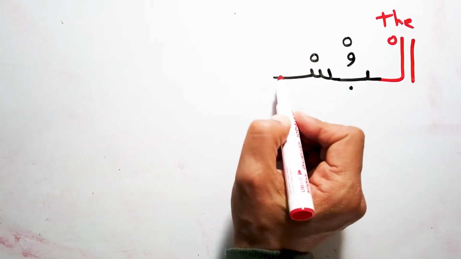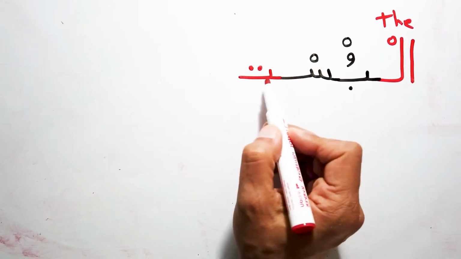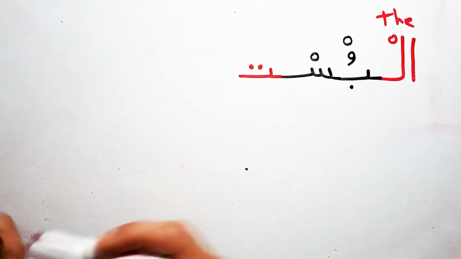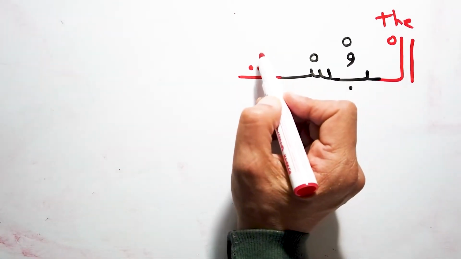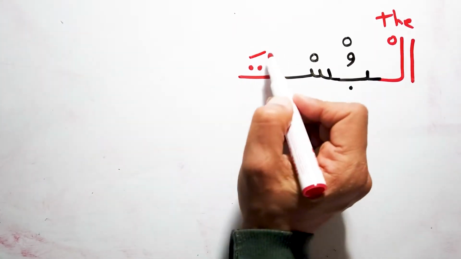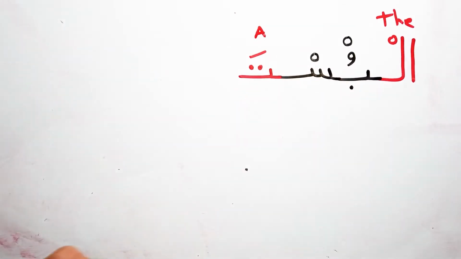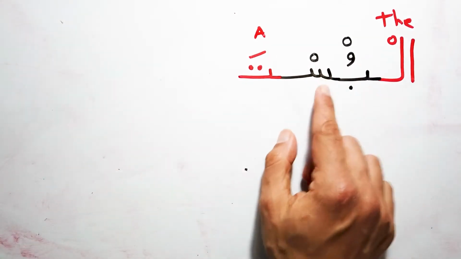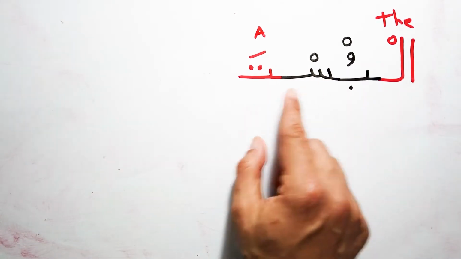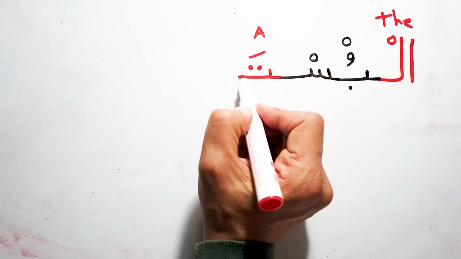البس تا. This letter gives me the sound of letter T in English, but I say ta. I have to add this mark on the top, which gives me the sound of A in English. البستا.